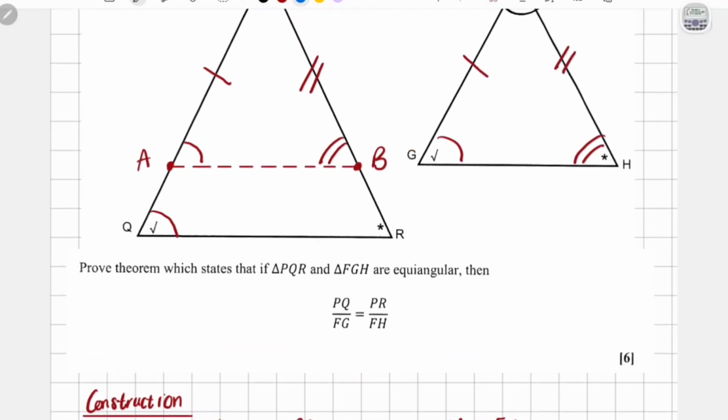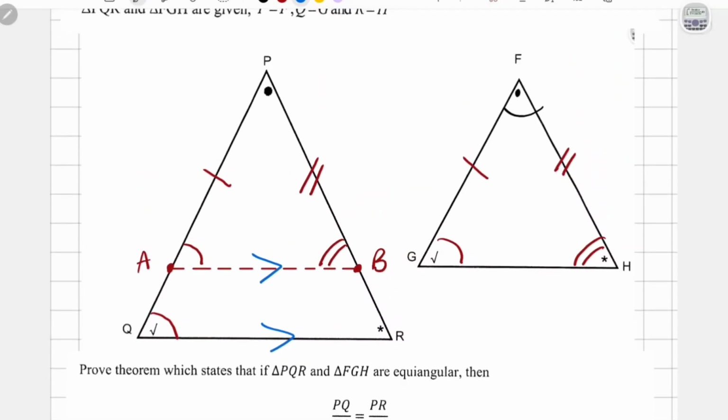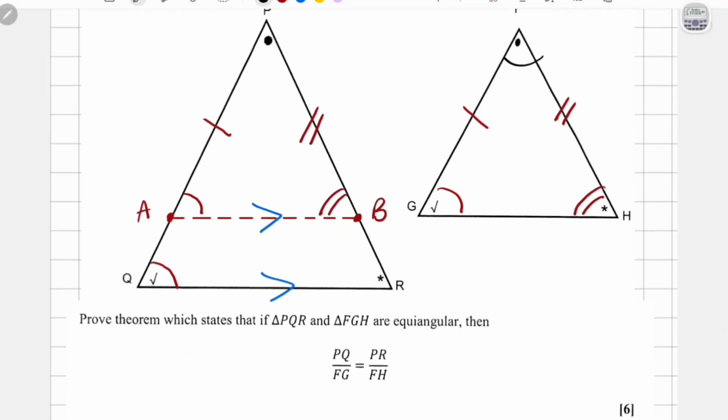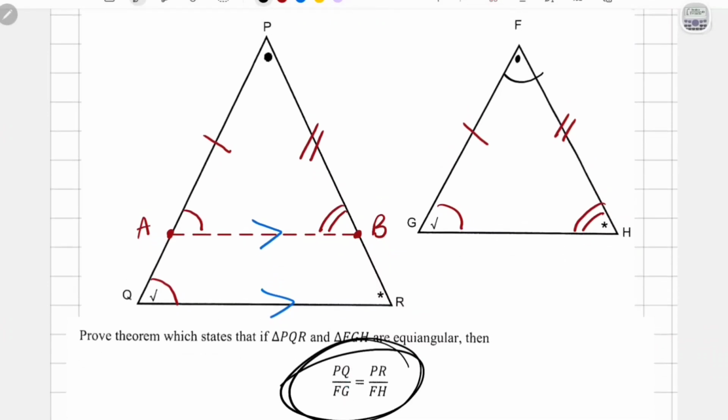Now that we have made these two lines parallel, this is the whole point of this. Now we can use the proportionality theorem. The proportionality theorem states that if you have a triangle and a line drawn parallel to one side of the triangle, then this is what we can say. I'm going to try my best to keep it within what they're speaking about here.